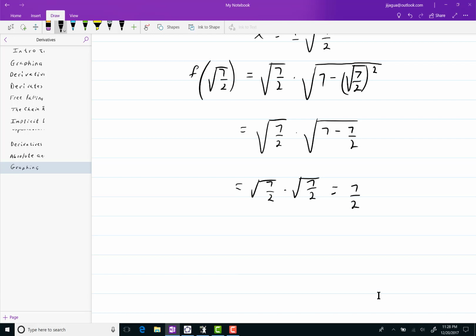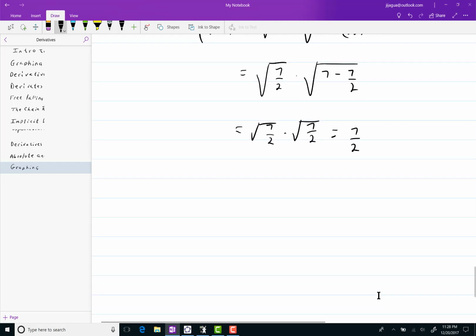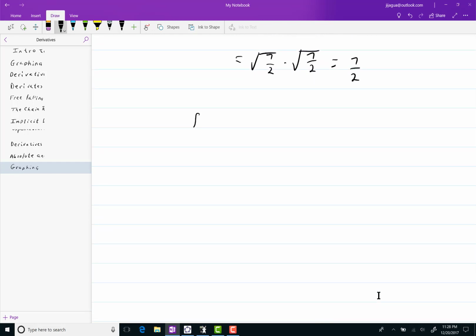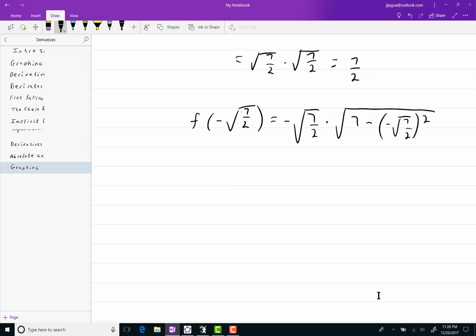So what was the other one? Negative square root of 7 halves. That equals negative square root of 7 halves times the square root of 7 minus the negative square root of 7 halves, quantity squared. I'll write the details here, but I believe you're going to end up with negative 7 halves.